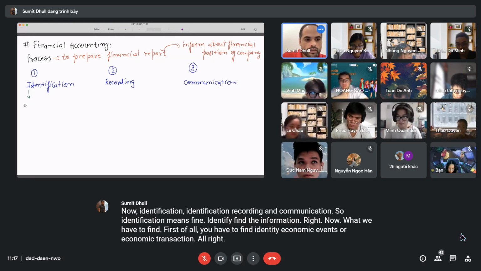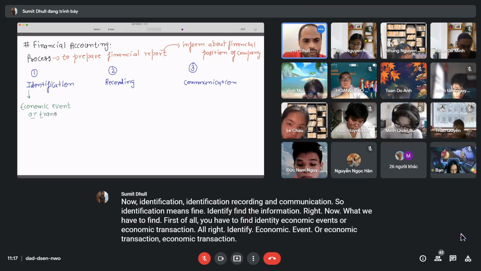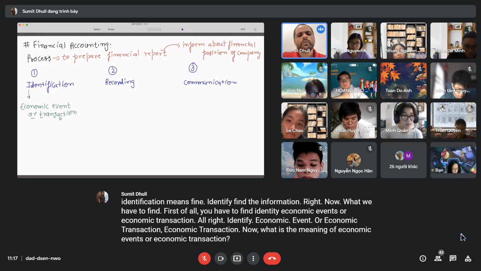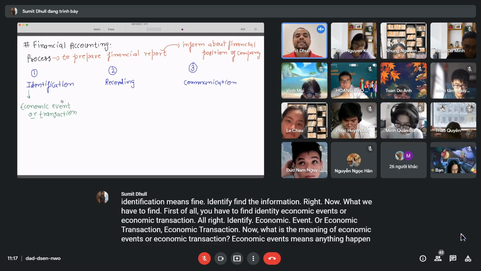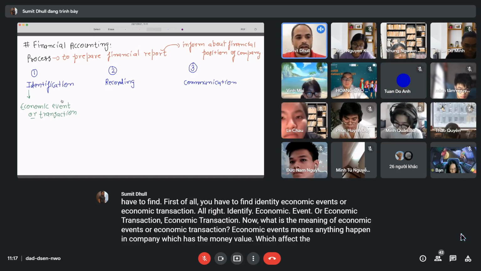Identify economic events or economic transactions. Now, what is the meaning of economic events or economic transactions? Economic events means anything that happens in a company which has a money value, which affects the money of the company.